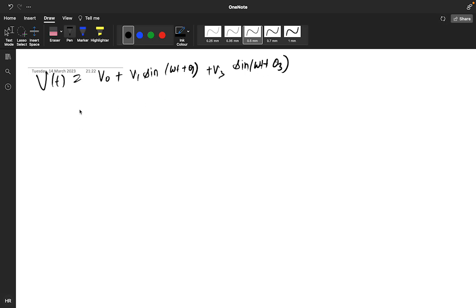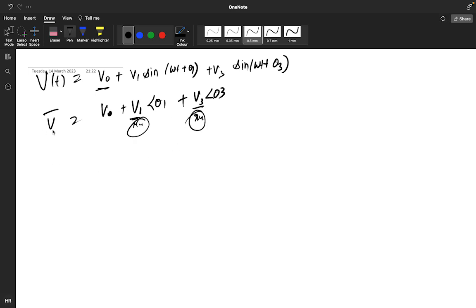Okay, how can you represent it in the phasor? V0 is the DC value, and V1 at an angle theta 1, V3 at an angle theta 3. So this is your RMS value, I am assuming. Okay, this particular is your RMS value.